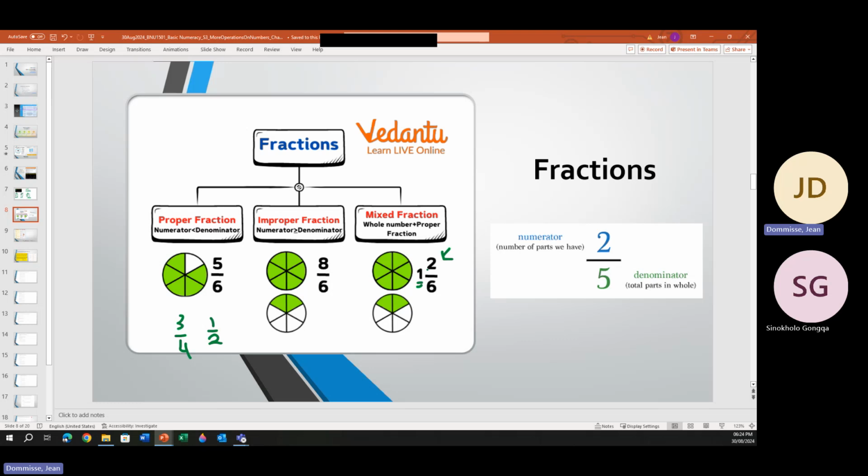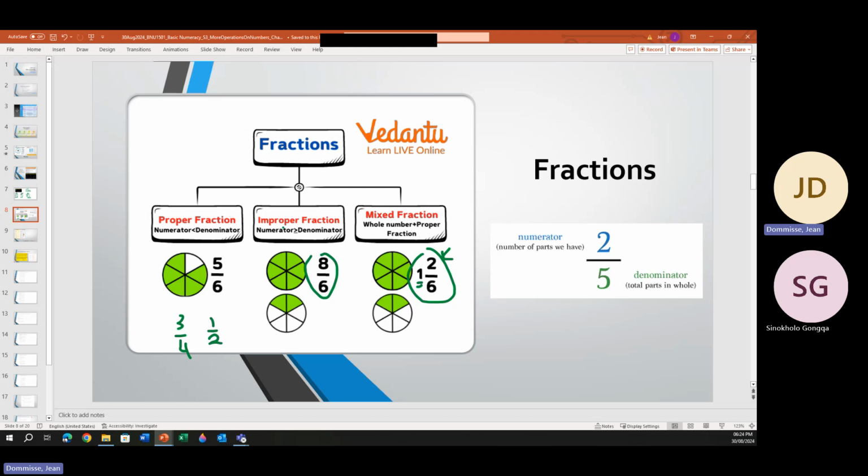And that is important because they might, in your answer set, have this number and this number, because they want to test whether you know which one is improper and which one is a mixed fraction. So they might even have both of them in your answer set, but they want to make sure you know what is the improper fraction and what is a mixed fraction. So just be, again, on the lookout for those words.